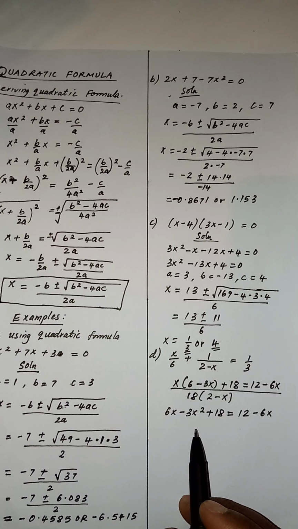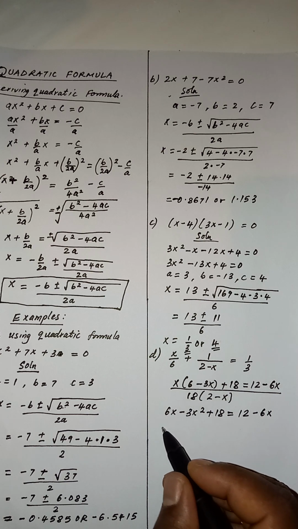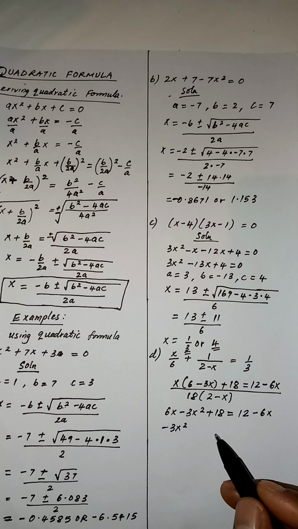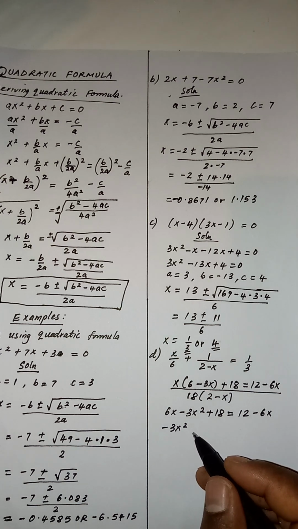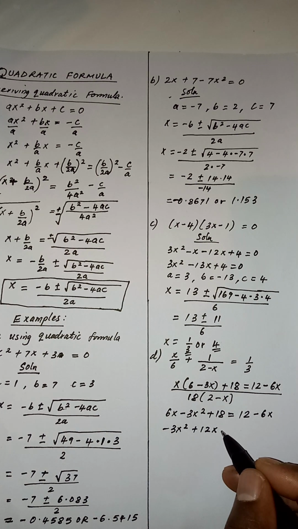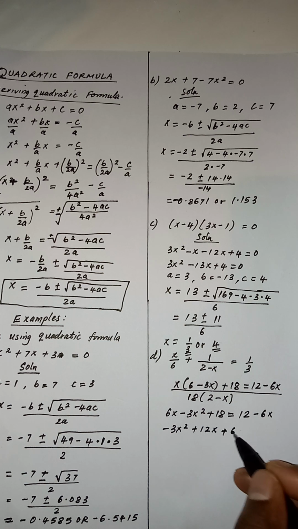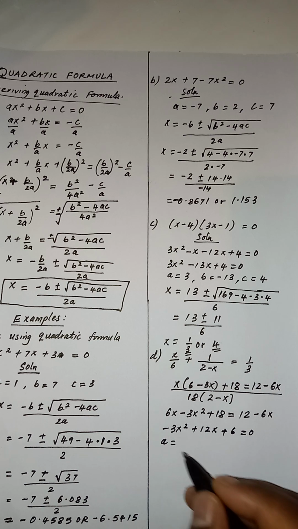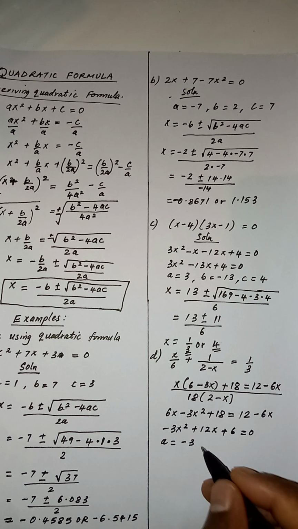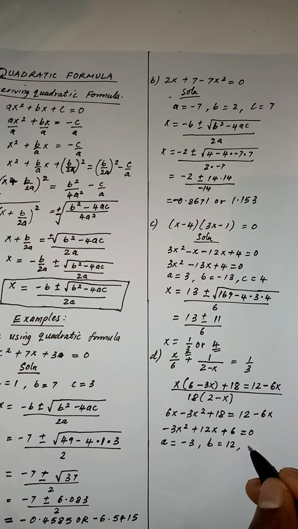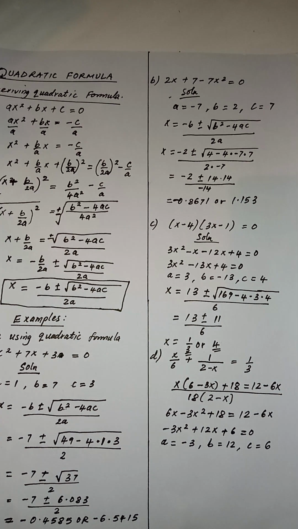So this will simplify to minus 3x squared, and when this comes to this side it will give us 12x plus 6 is equal to 0. So from here we can say that the value of a is equal to negative 3, the value of b is equal to 12, and the value of c is equal to 6.